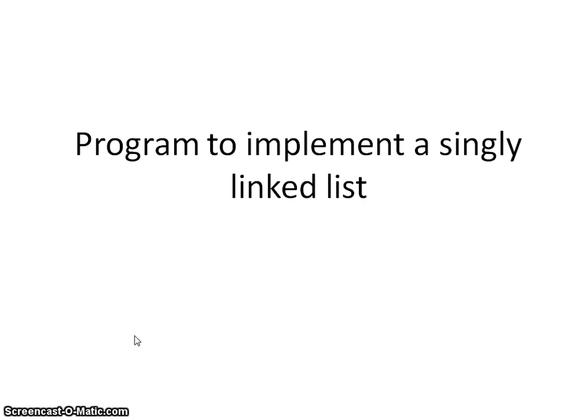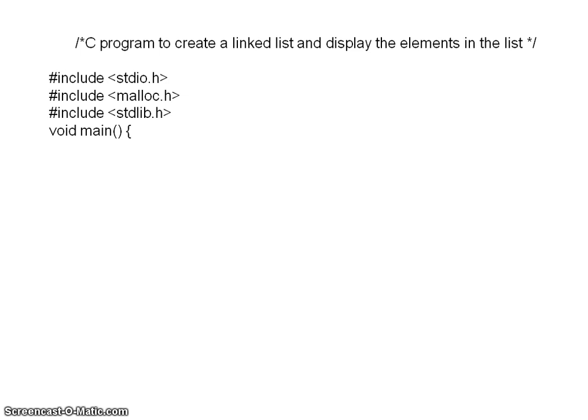We discussed the basic definition of linked list, the advantages of linked list over array, and the various operations that can be performed on linked list like insertion, deletion, traversal, etc. We also discussed the various types of linked list like singly linked list, doubly linked list, circular linked list, priority linked list, etc. Now in this class let me discuss the implementation.